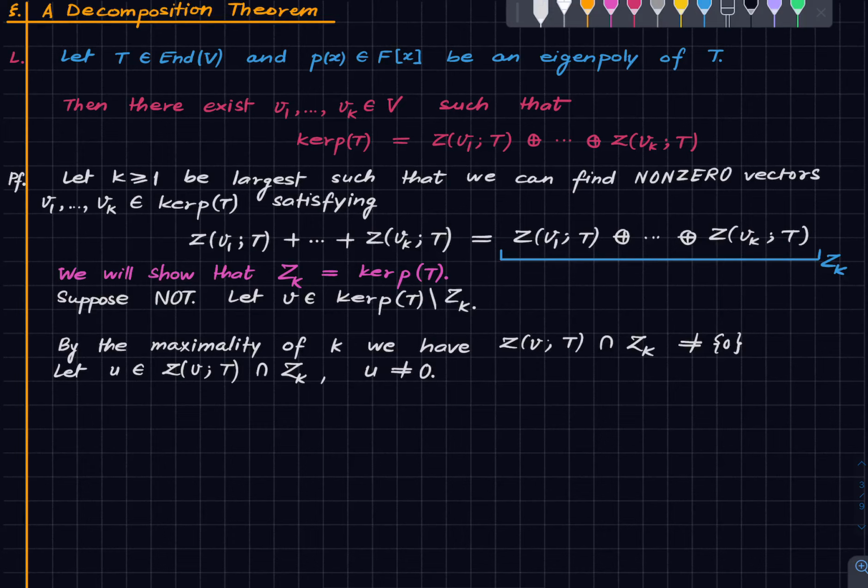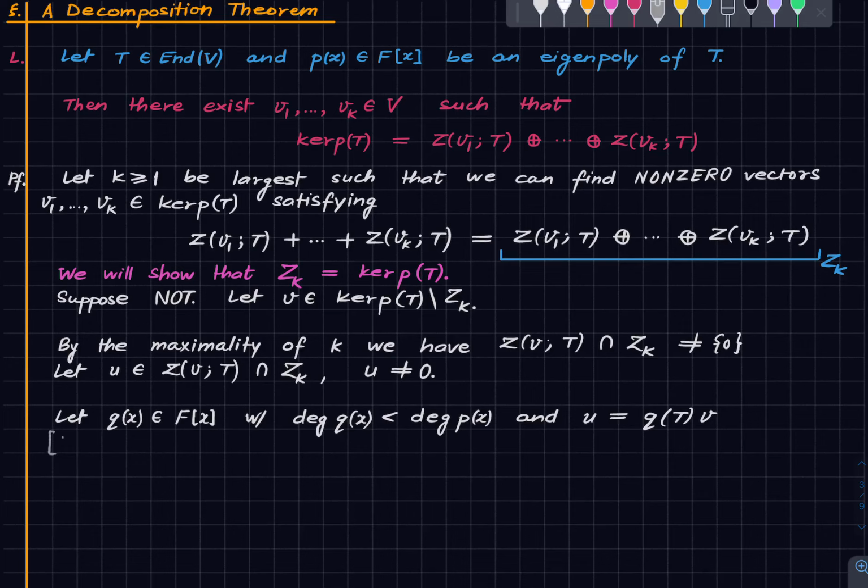And now since little u is here in particular, we can find some polynomial with degree being less than the degree of px and u being equal to this thing, right? And here let me remark that one should note qx is in fact non-zero.